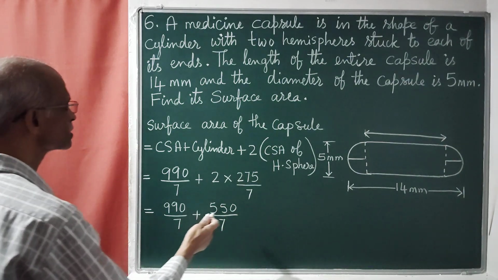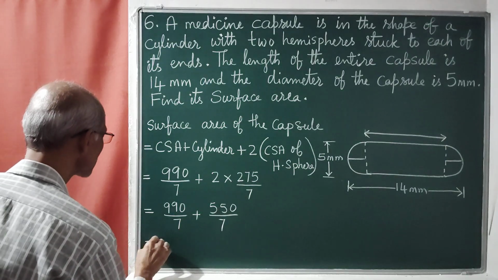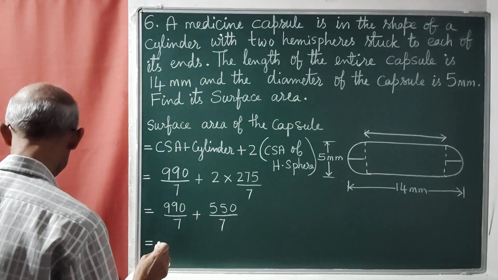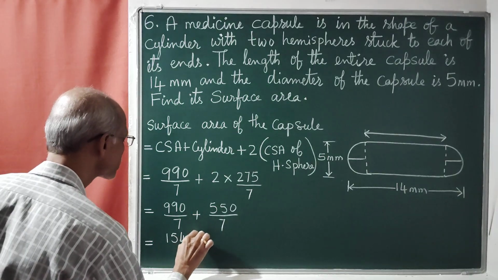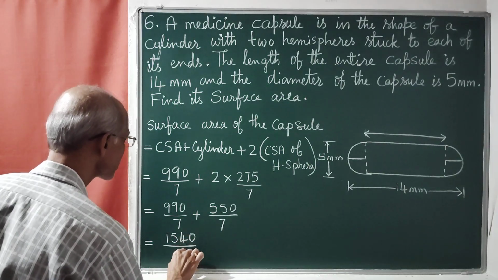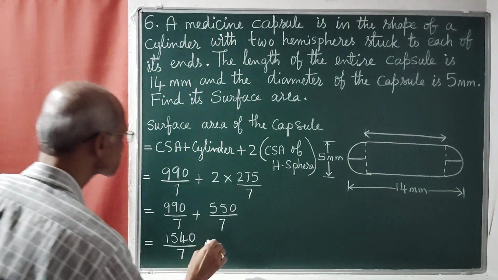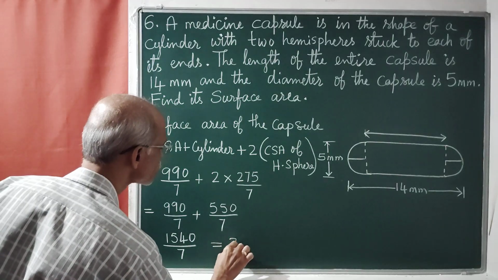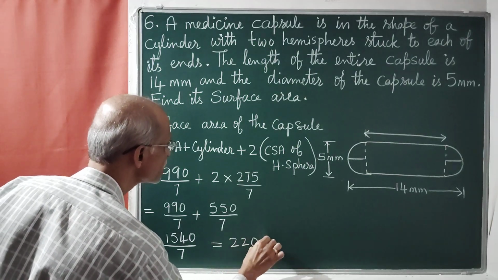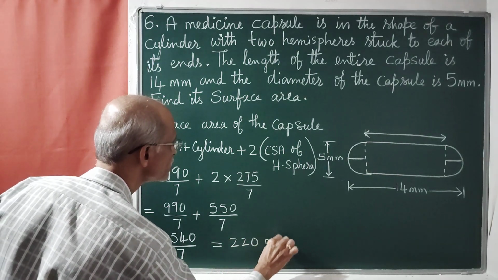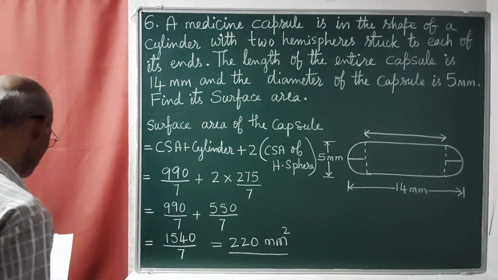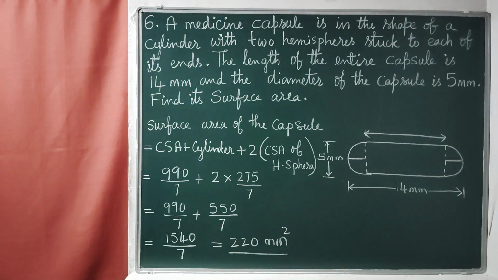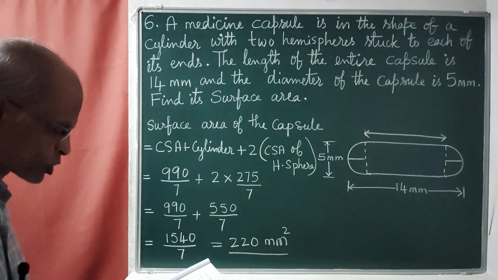So they are like fractions, so we can add the numerators. 1540 by 7. That's equal to 220 millimeter square. So the surface area of the capsule is 220 millimeter square.